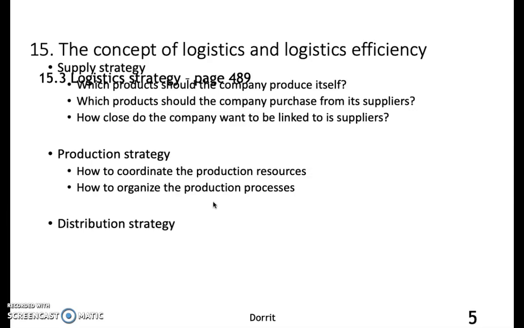Therefore, these 20% of the products should be prioritized. But the 80% of the products which provide around 20% of the contribution margin are still important, because you want to show a diversity in your products. You want to have a large portfolio of products.